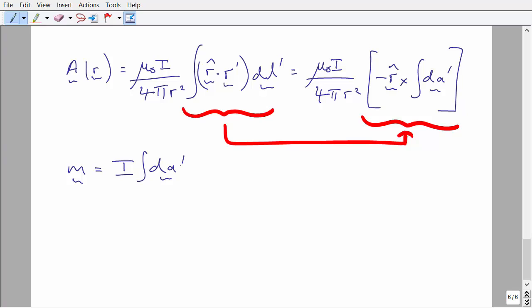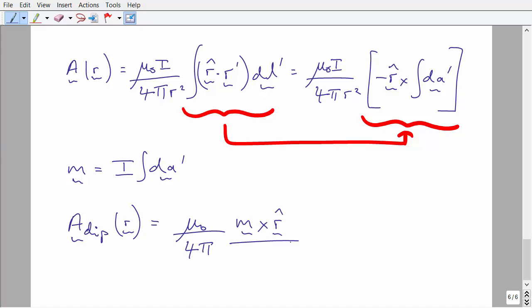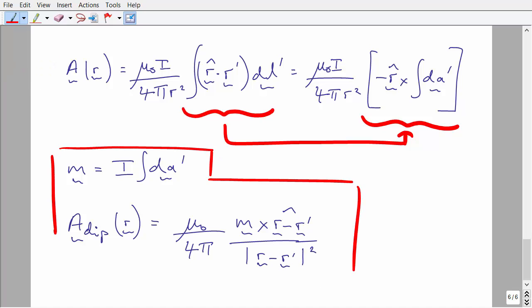And so we can now write the dipole term in the vector potential in the following way. Okay, so there is our expression for the magnetic vector dipole, the dipole term.